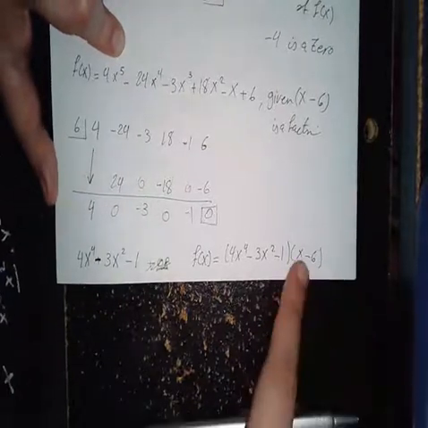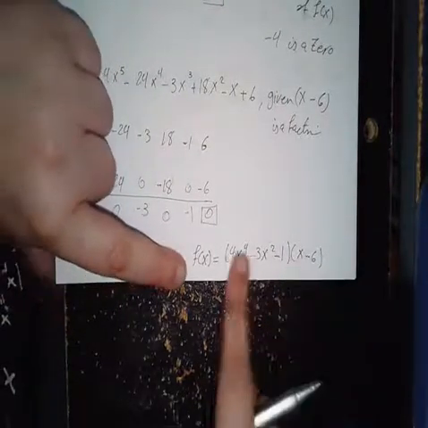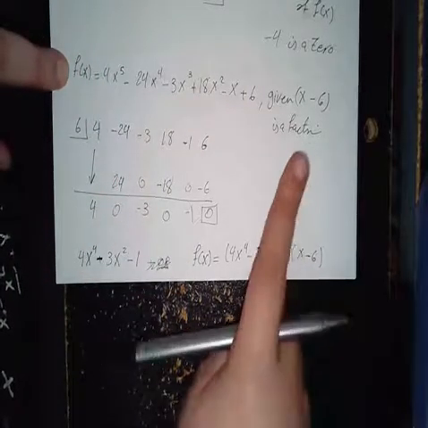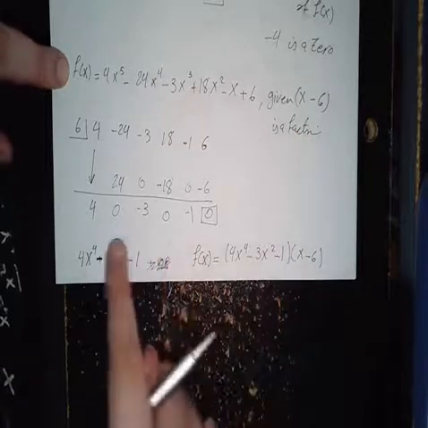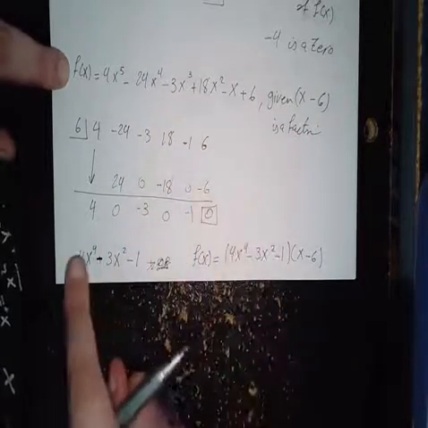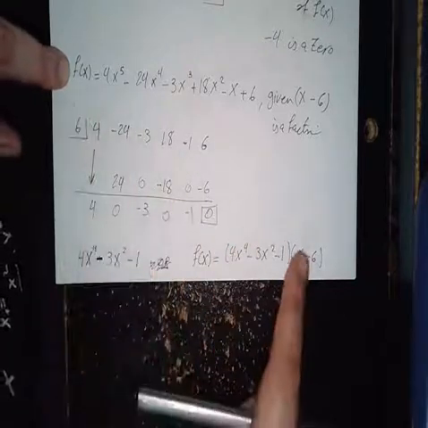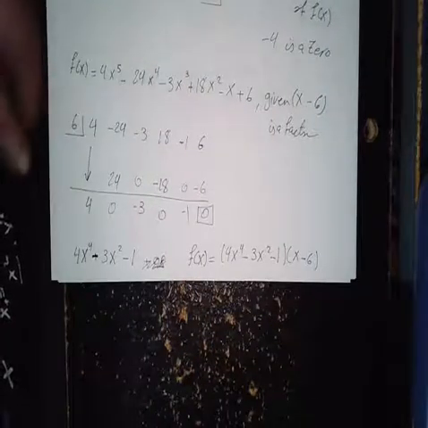Right? And the reason I wrote the x minus 6 is because I'm saying that this right here is actually f of x. That means it's still multiplied by that value. We didn't divide by it yet. I just needed to do this division to figure out what the function looks like once you factor out that x minus 6. Make sense?